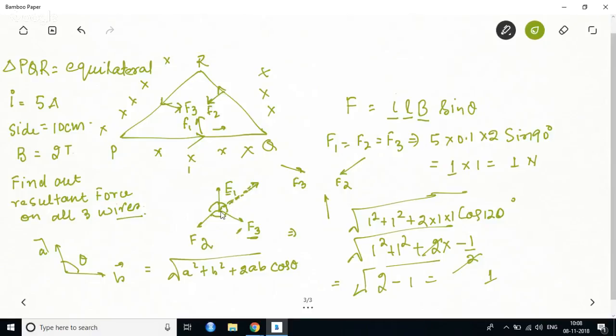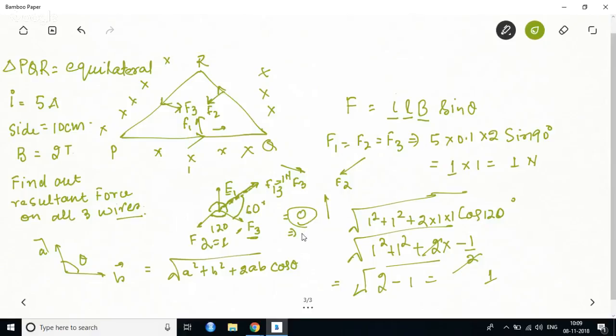The angle from it would be directly in between F1 and F3. So this comes out to be 60 degree and this is 120 degree. So F2, which is of 1 Newton, is exactly opposite to resultant of F1 and F3, which is also 1 Newton. So the complete force working on this would be 0.